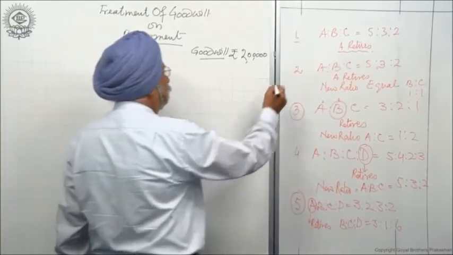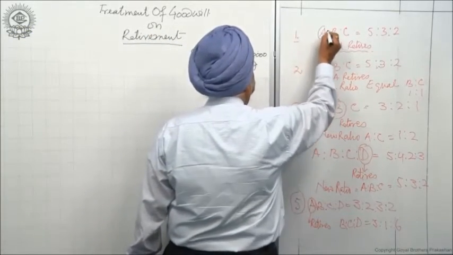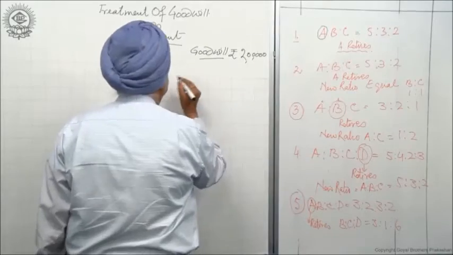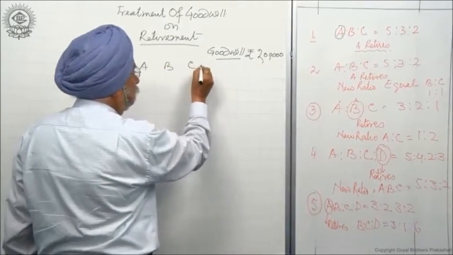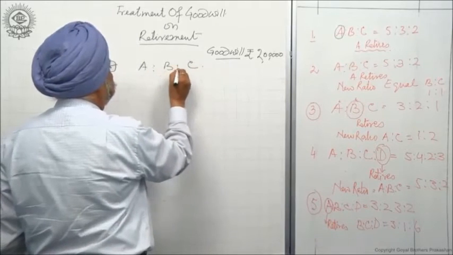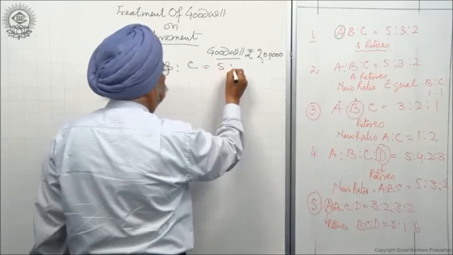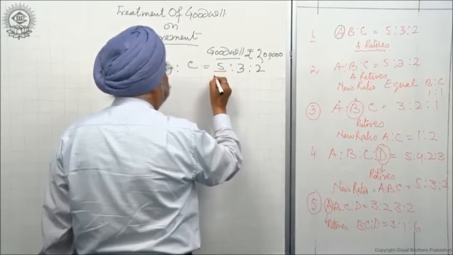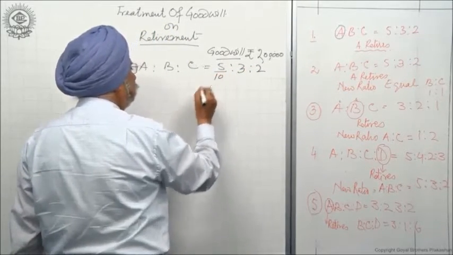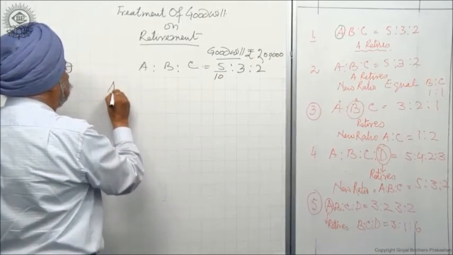In this case, A retires. And what is A's share? In the first case, A, B, C share is 5:3:2. A retires, A's share is 5/10. So what is A's share of goodwill?